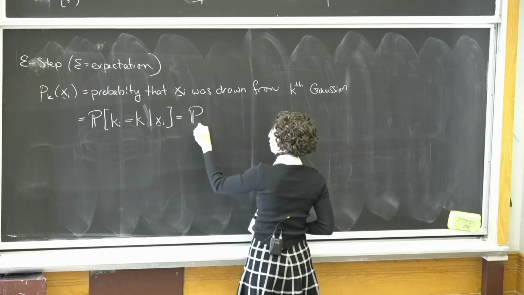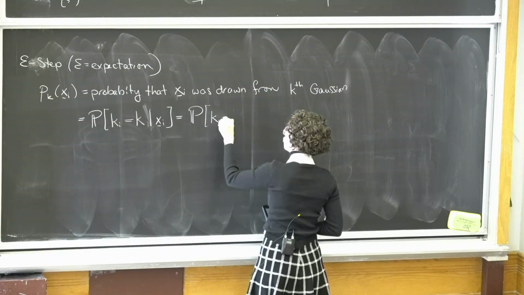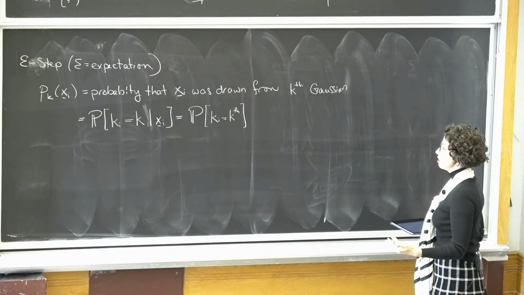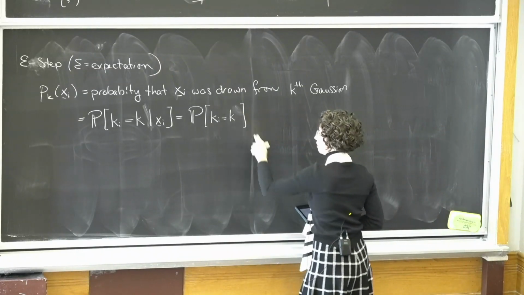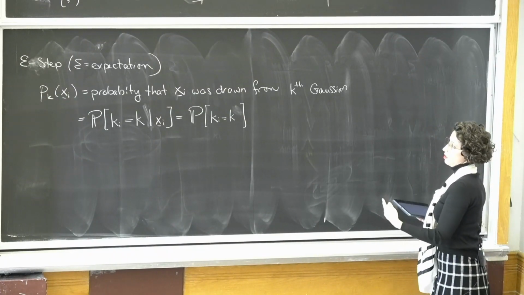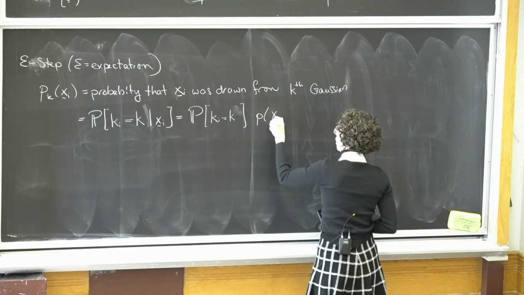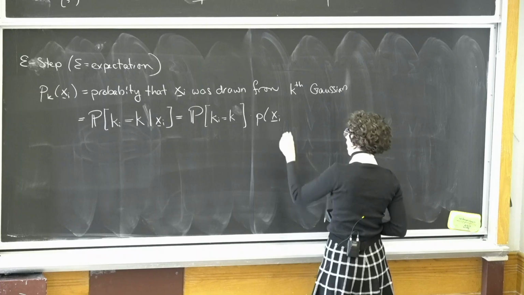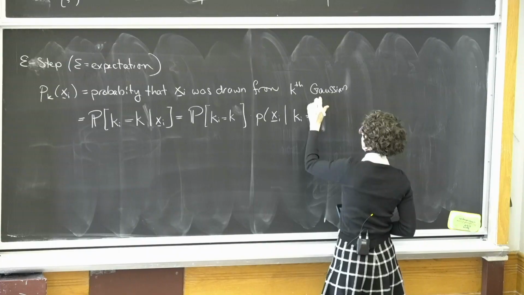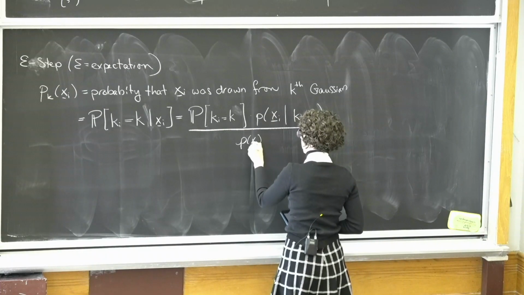First, we look at the probability that we have drawn from the kth Gaussian at all. Like, what's the likelihood that we're using the kth Gaussian, period? Because some Gaussians have more weight, pi, than others. And then we look at the likelihood of our point xi, given that it comes from the kth Gaussian, and divide by just the likelihood of that point at all.